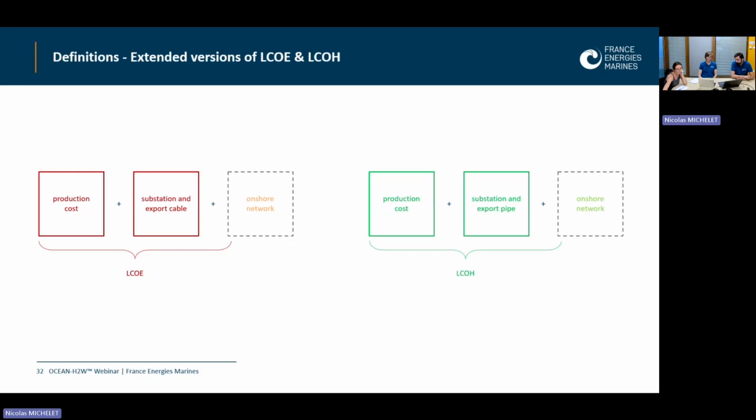We could say that it's a broad definition of LCOE and LCOE-H. It's not just at the back of the electrolyzer when it's offshore. And it's an important thing. Thank you for the question.